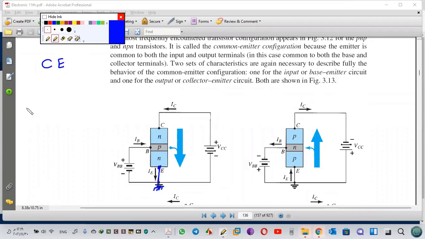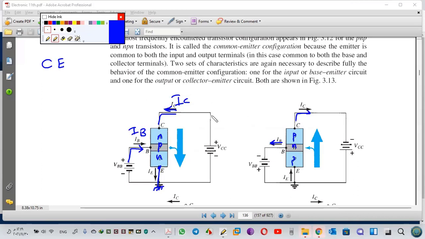The input comes from IB, the output from IC. See the direction of the arrows. Same thing here: this one is NPN, this one is PNP.